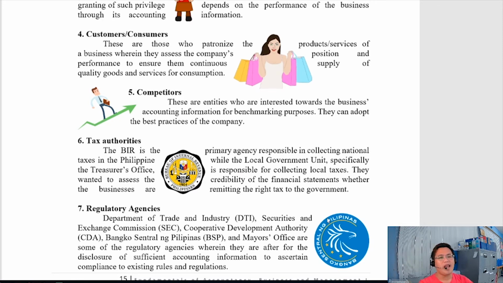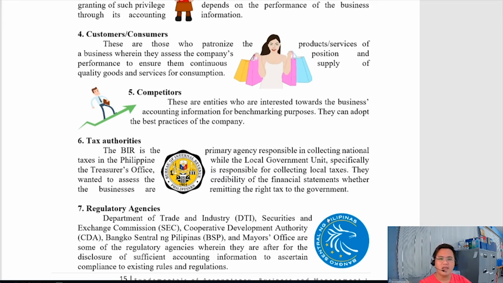Number five, another stakeholder which has an indirect interest of your company are your competitors. Example, Philippine Airlines, Cebu Pacific, and Air Asia. So these are actually the major air companies in the Philippines. So of course, Philippine Airlines would want to know whether Cebu Pacific is doing well with their promotional offers as regards to airfare and with Air Asia. So they have to make ways, they have to strategize so that they would be able to be at par with those two companies.